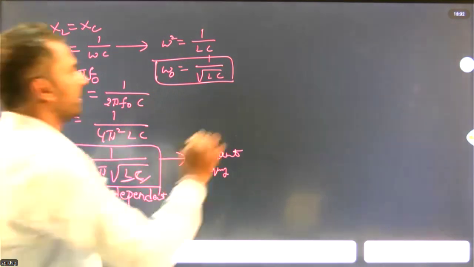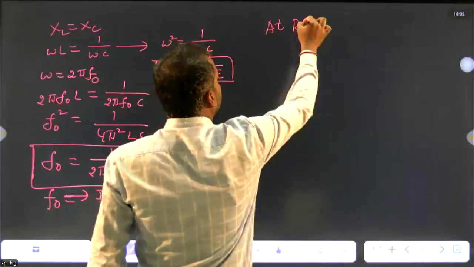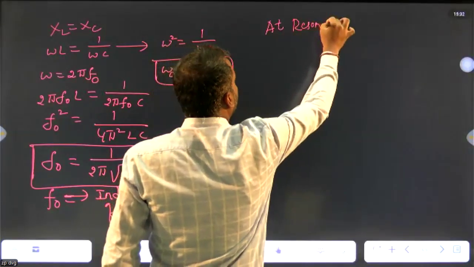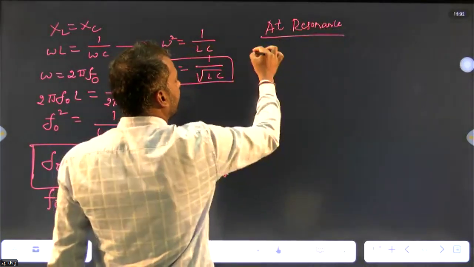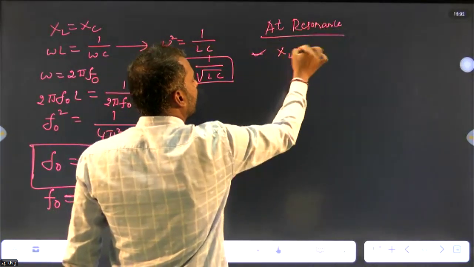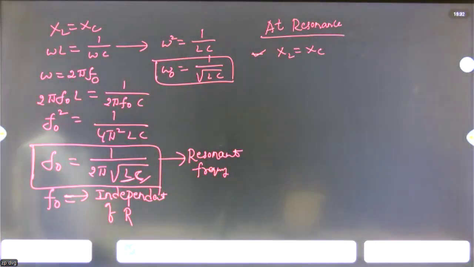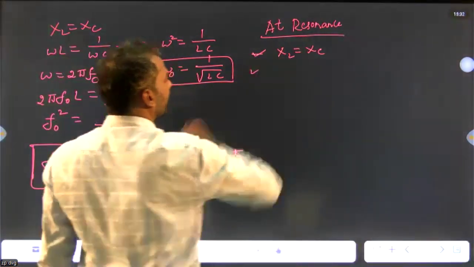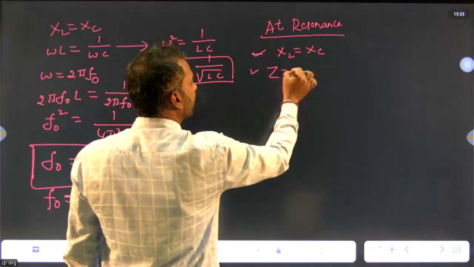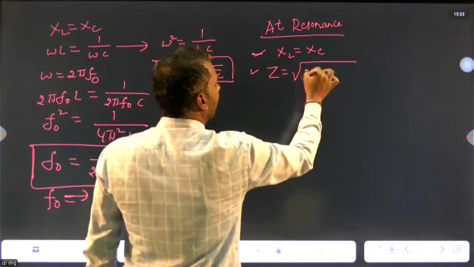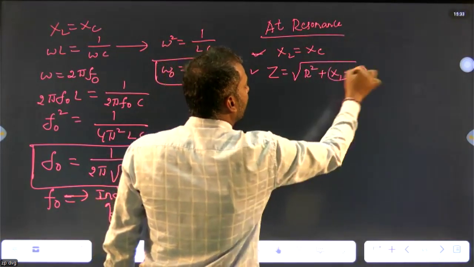At resonance, what happens? At resonance, XL is equal to XC. If XL is equal to XC, then impedance Z is equal to root of R square plus XL minus XC whole square.